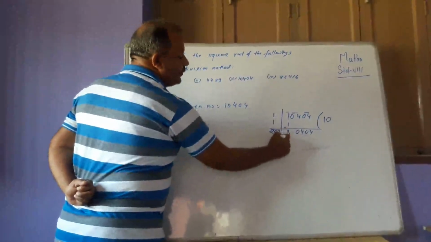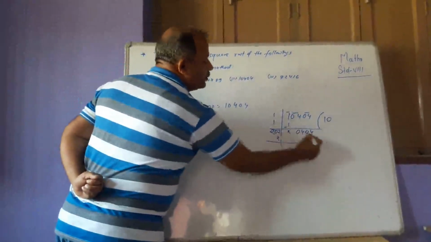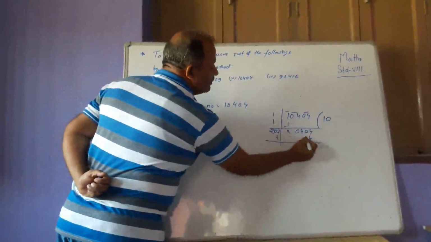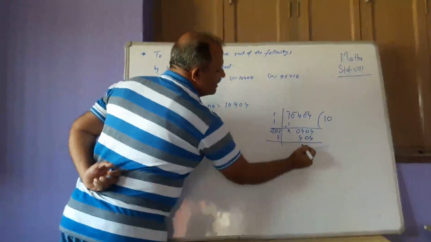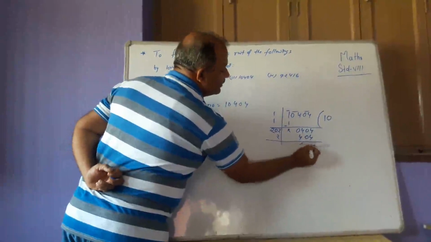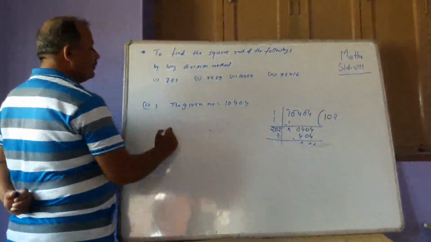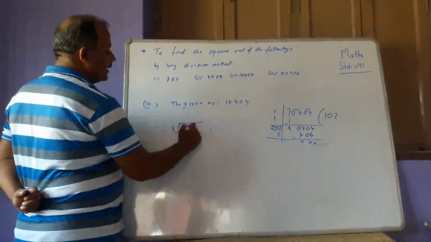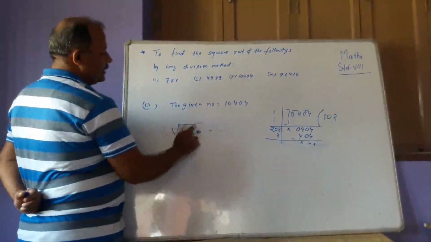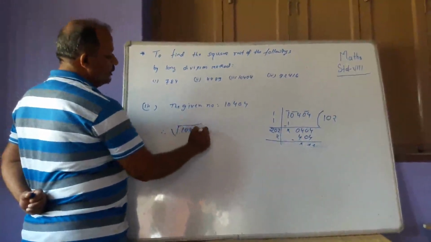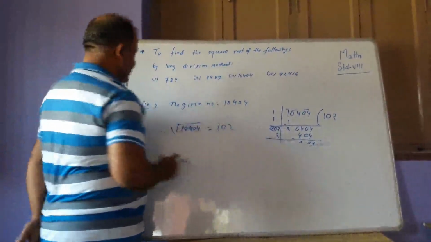It will be 2. 2 2s are 4, 2 0s are 0, 2 2s are 4. On subtracting we find nothing. Here 2 will be given, and therefore the square root of 10,404 is equal to 102.